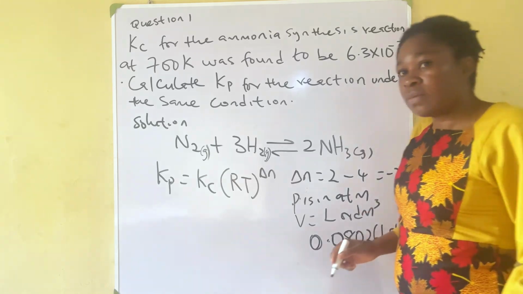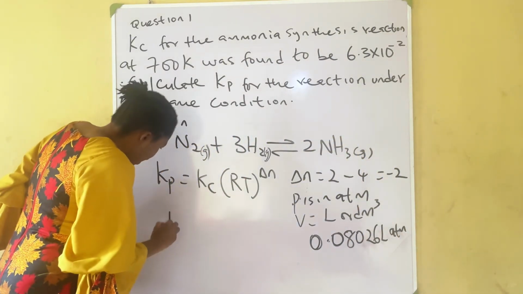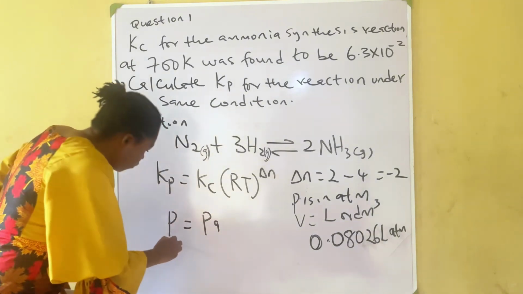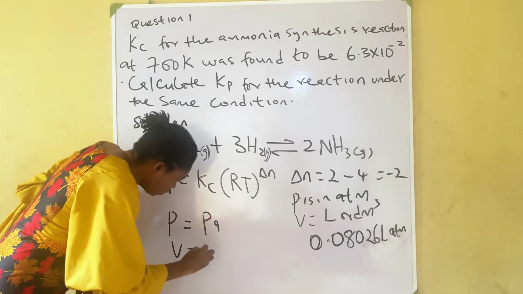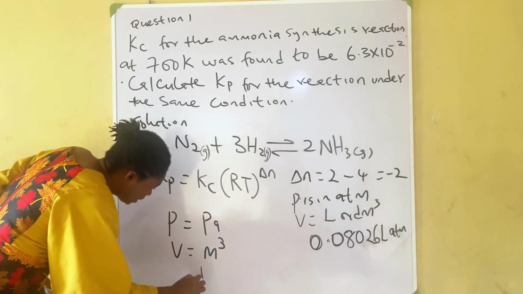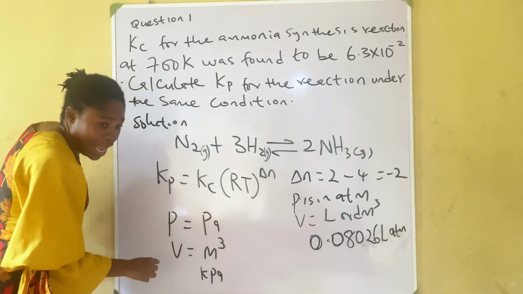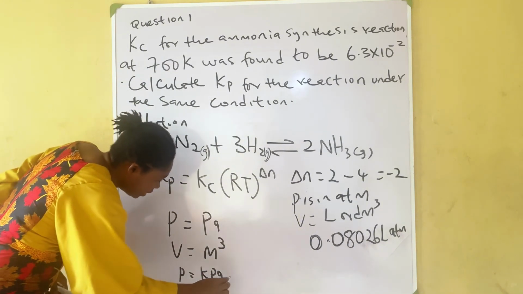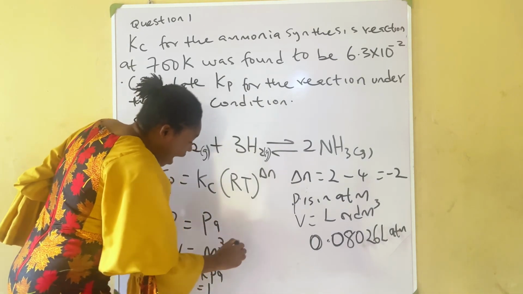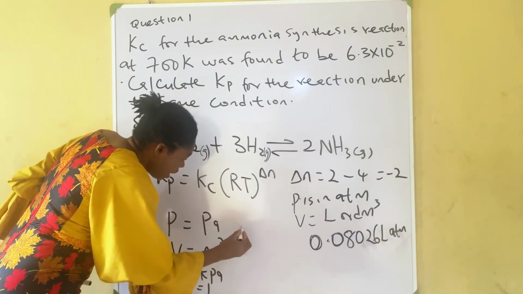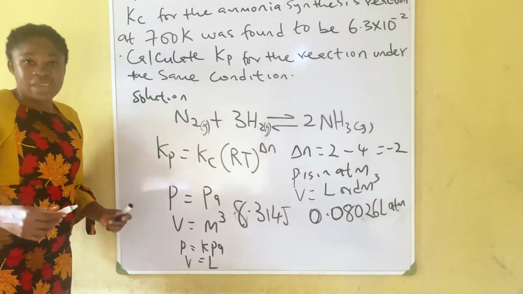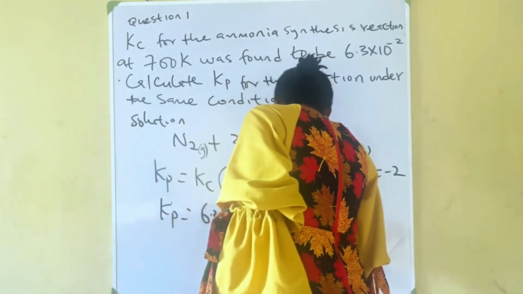But if the pressure is in Pascal and the volume is in cubic meters, or the pressure is in kilopascal and the volume in liters, the R I'm going to use is 8.314 joules per mole per Kelvin.